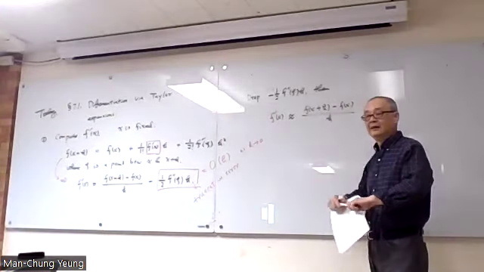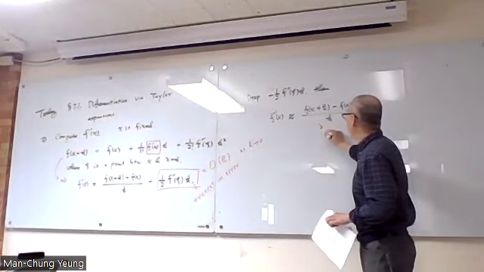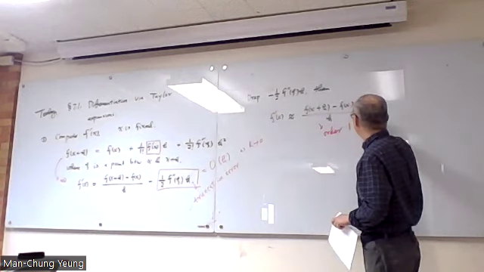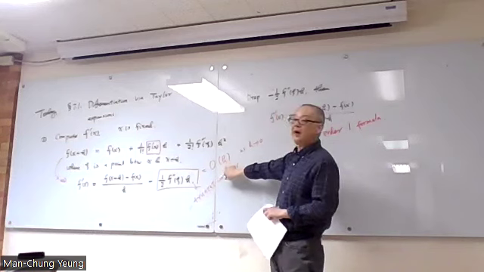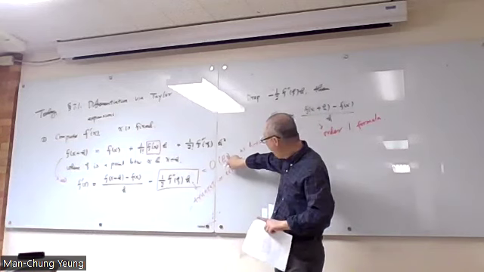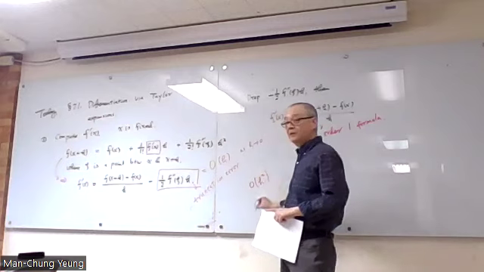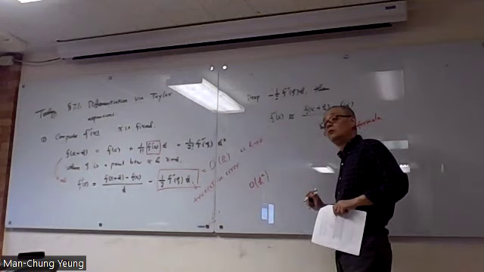We call it an order 1 formula, because the power of h is 1. If the power of h is 2, we call it an order 2 formula.